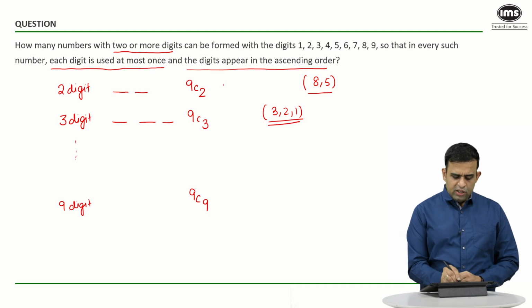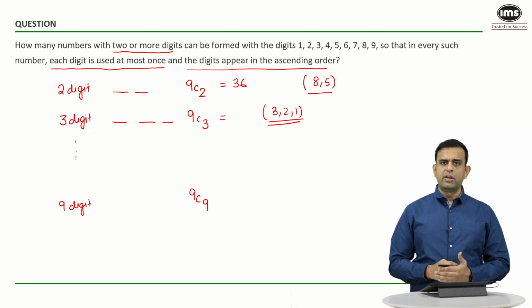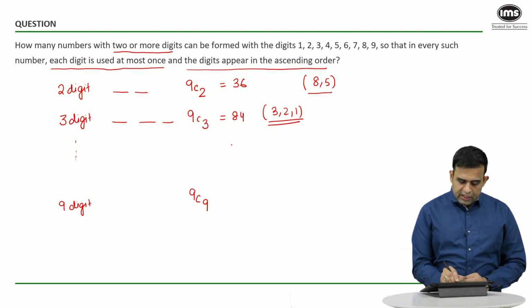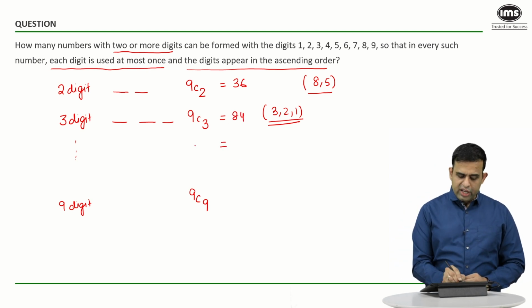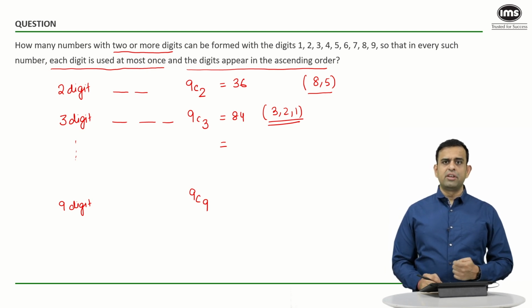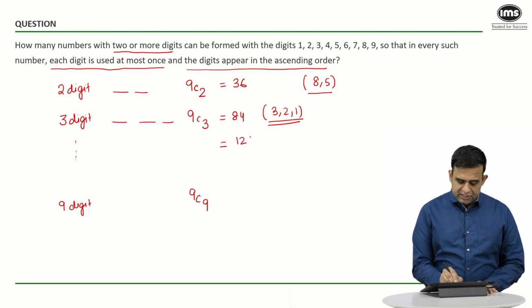Let's solve this part. 9C2 becomes 9 into 8 by 2, which is 36. 9C3 becomes 9 into 8 into 7 divided by 3 factorial, or 6, and one gets 84. Then the next number is 9C4, which will be equal to 9876 divided by 24, and one gets 126.